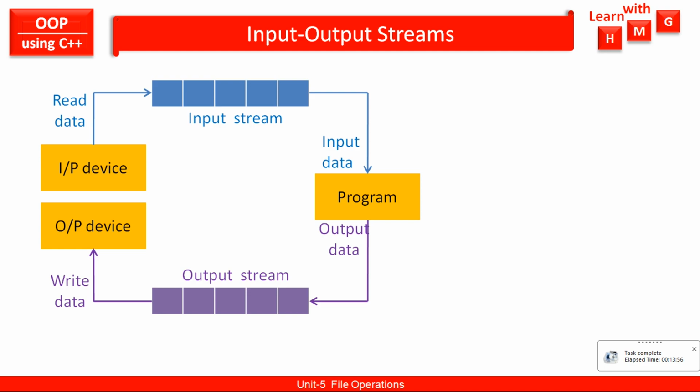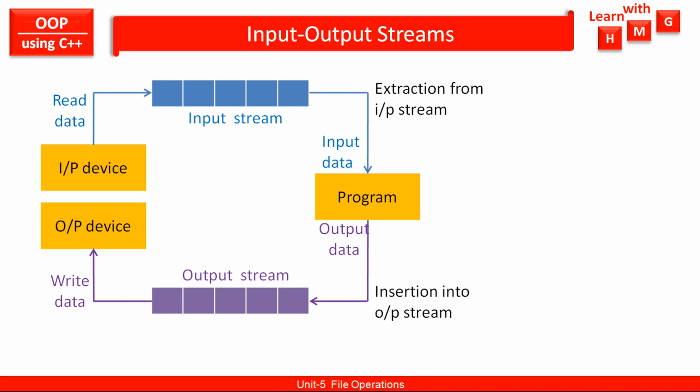In this way, the input stream is acting as an interface between the program and input device, while the output stream is acting as an interface between the program and output device. The data flowing from input stream to program as input data is called extraction operation. So the data is extracted from the input stream and provided to the program, while the data is inserted into the output stream from the program. The program generates output data and it is inserted into the output stream.